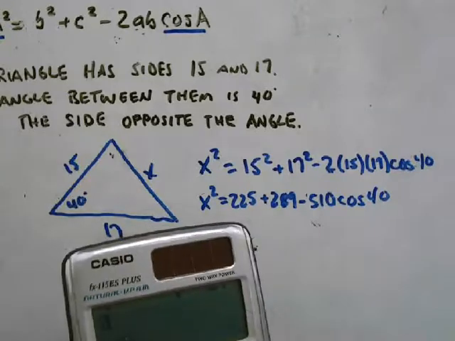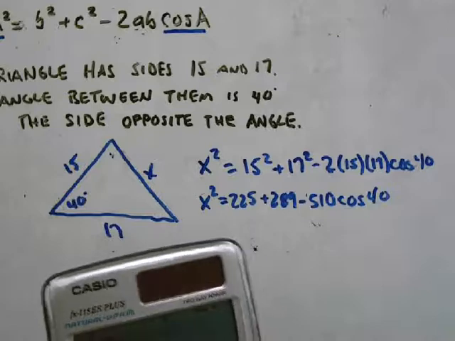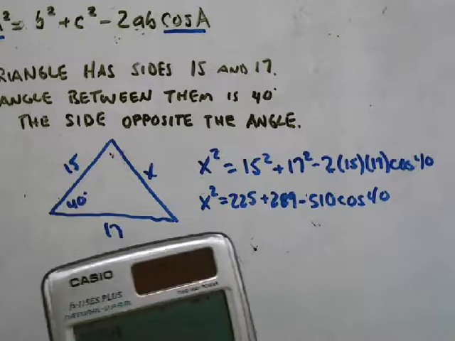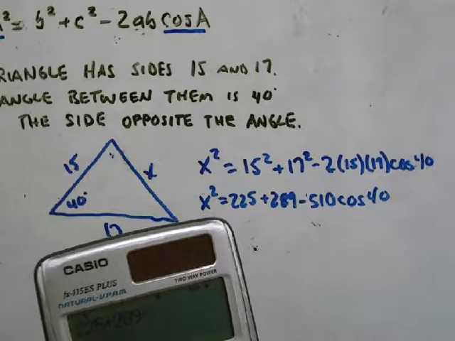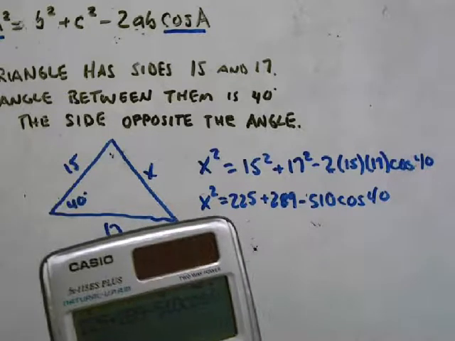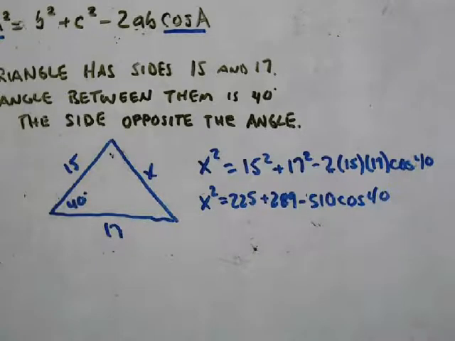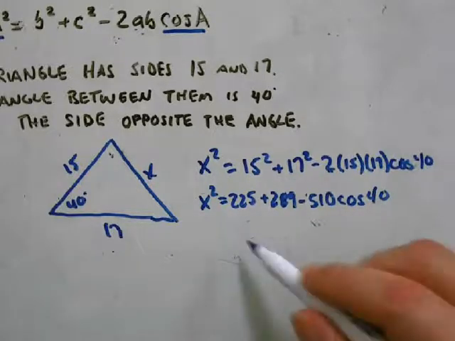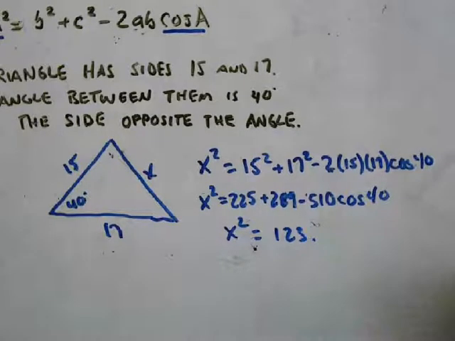So 225 plus 289 minus 510 cosine 40. And you get 123.32. Round that off. Okay, so now that's what x squared is.